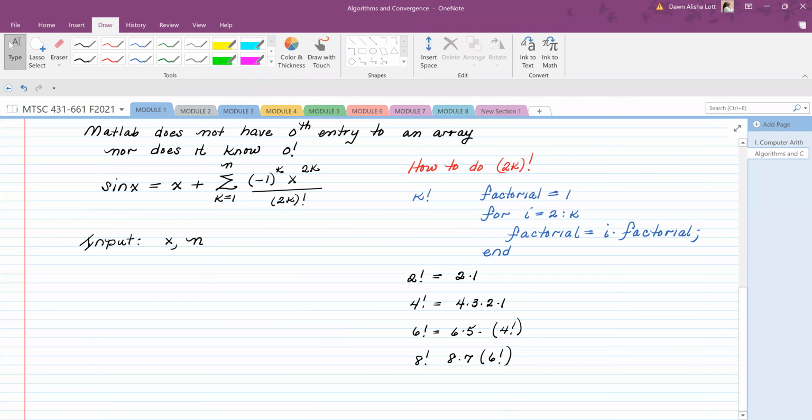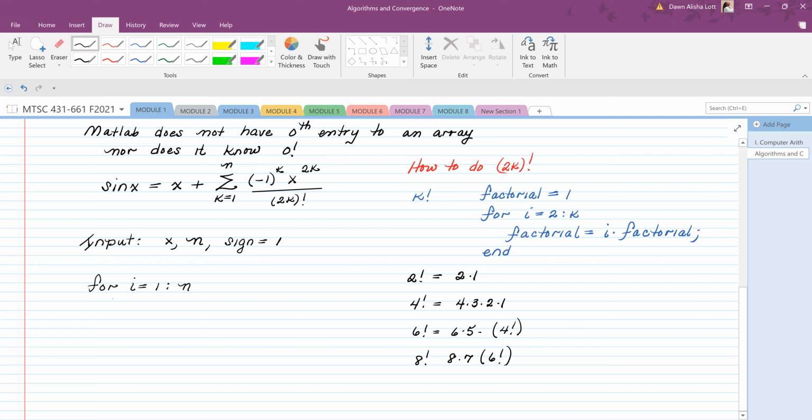So the other thing is we have to deal with the -1 to the n. So let's create something called sign, and let's start sign off as 1. Now we have for i equal to, we took off the 0 term, so now we only have to go 1 through n.